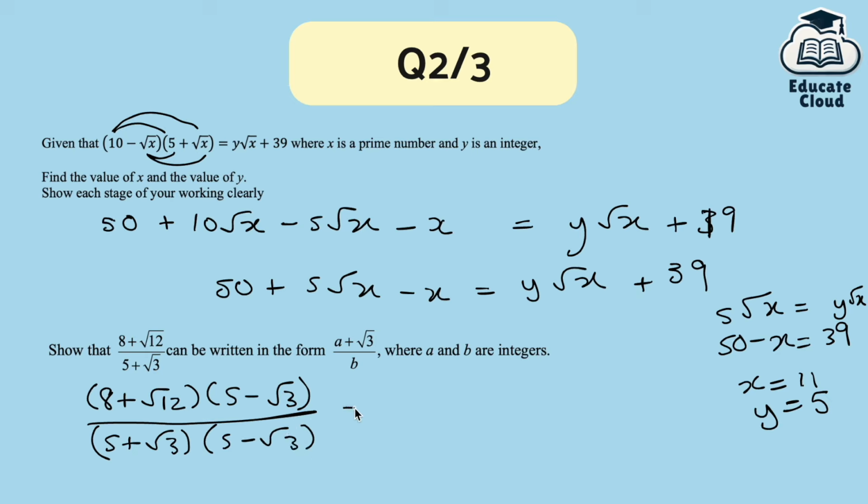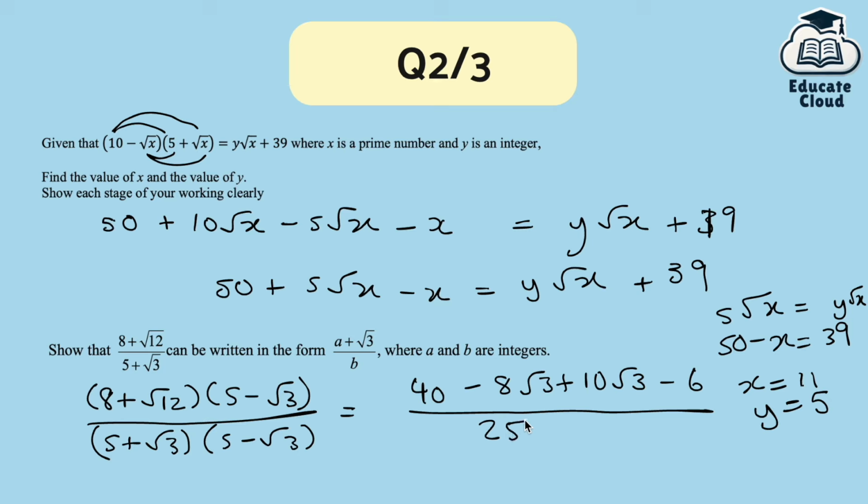And then the numerator, 8 times 5 is 40, minus 8 root 3, plus 10 root 3, minus 6. When you multiply that out, it's going to be minus root 36, which is minus 6. And then the bottom is going to be 5 times 5, which is 25.